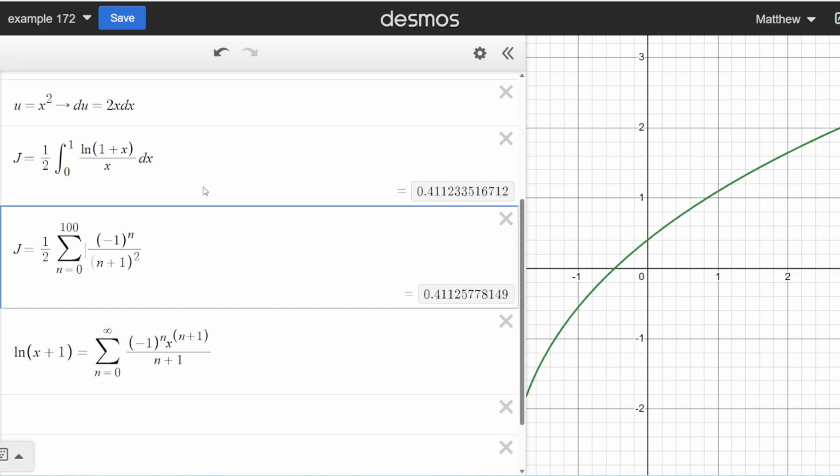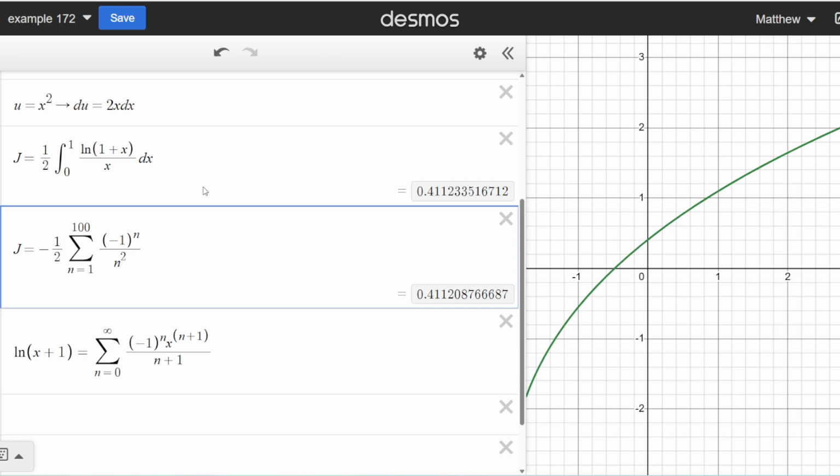Now this, let's see, let's add 1 and then subtract 1 from all our n's. So if we subtract 1 from that n, that just introduces a negative sign. All right. So this is the alternating sum of the reciprocals of the squares, half of that.